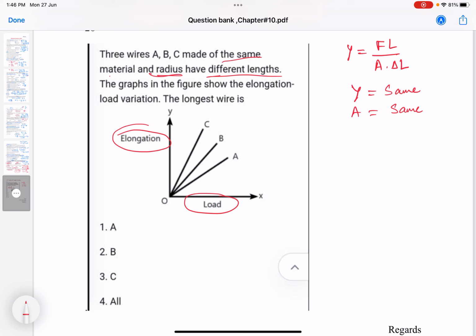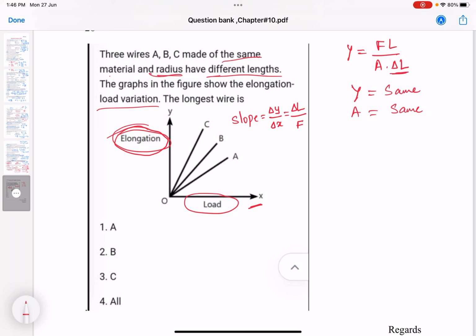So the elongation versus load. Here we know that slope equals change in y by change in x. Change in y is nothing but elongation delta L on the y-axis, divided by x. X is nothing but load, force.